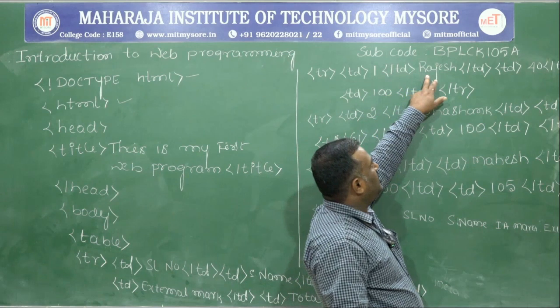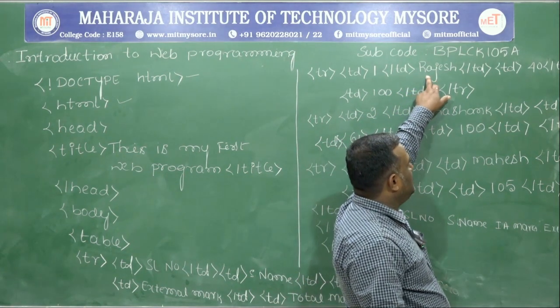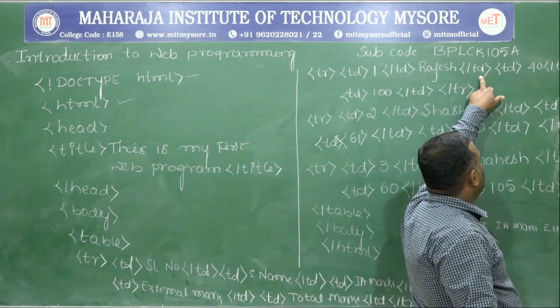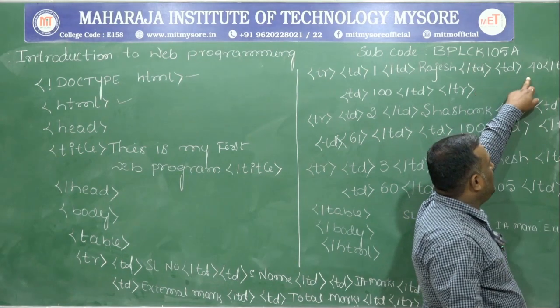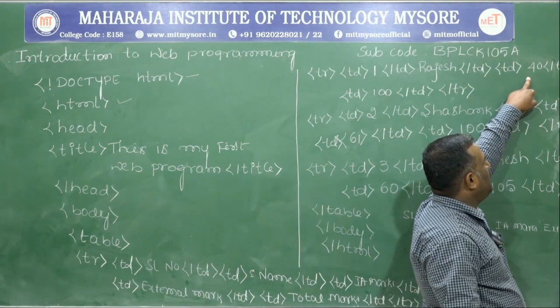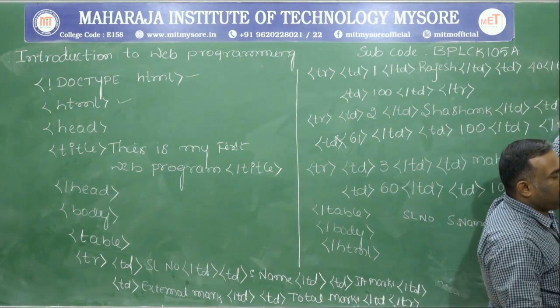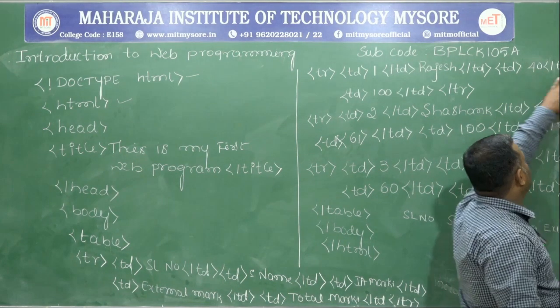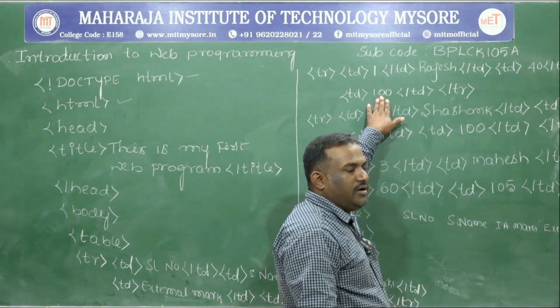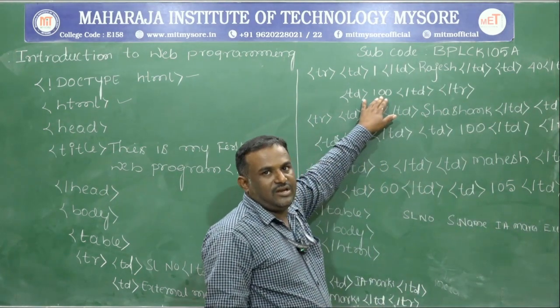Okay, after that the candidate name is Rajesh, and then end of the Rajesh TD, and then I want to enter the IMRs 40, and then external marks 60 and total marks 100 for the first candidate.